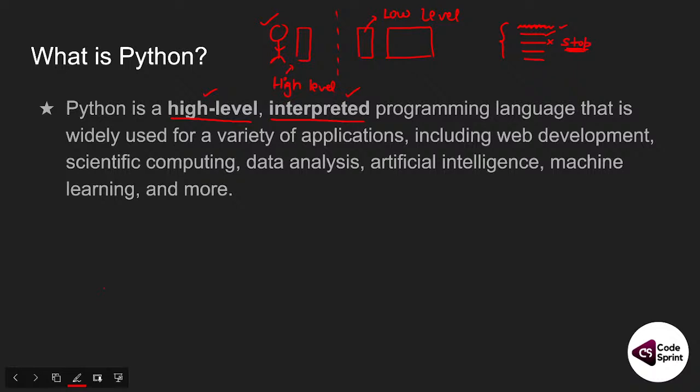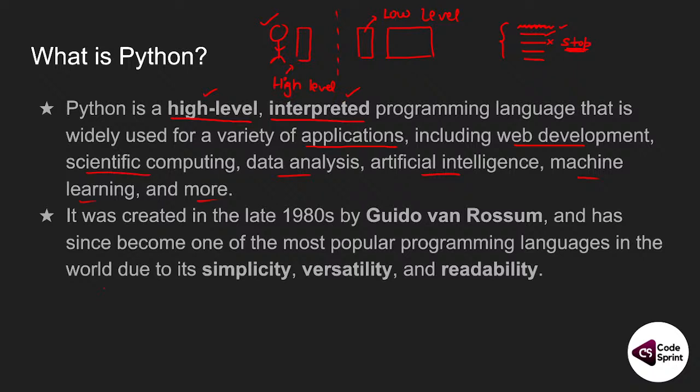Now, as it is high level and interpreted, that's why we use it in a variety of applications such as web development, scientific computing, data analysis, artificial intelligence, machine learning, and more. Guido van Rossum was a programmer who developed this language in the late 1980s, and the first release was in 1991.